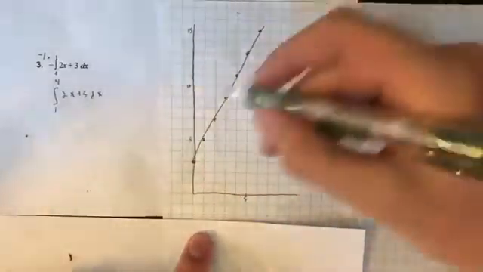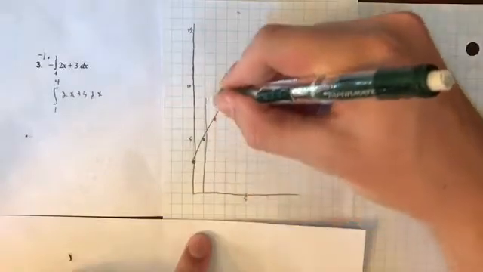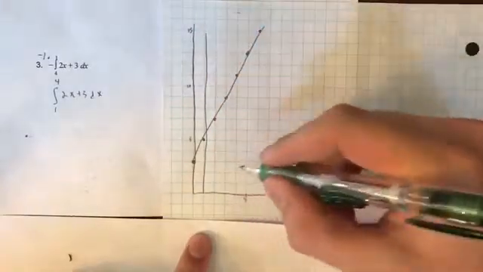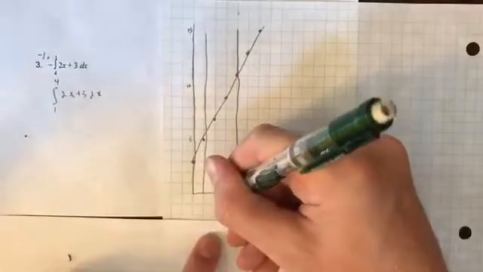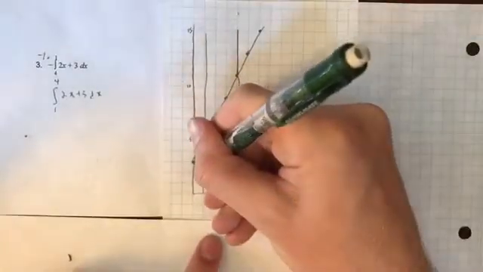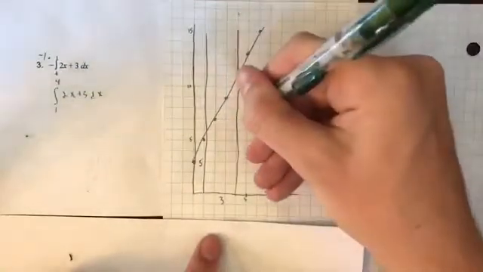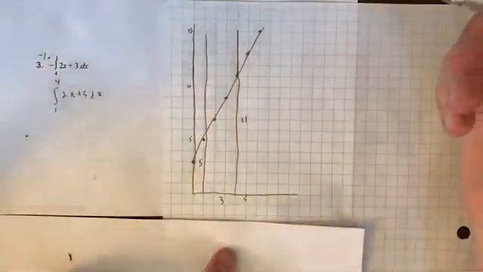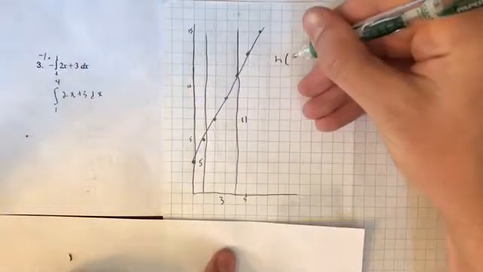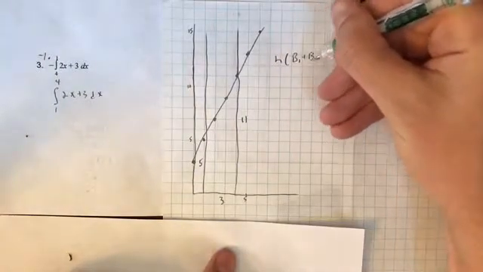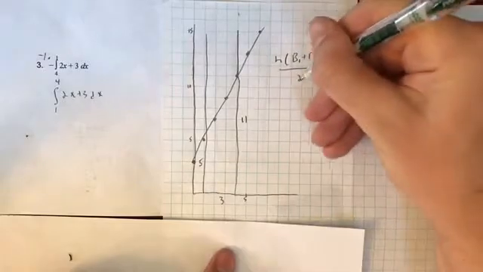So the bounds on this one are x equals 1 and x equals 4. So right here, we have the height of the trapezoid and the two bases, which are 5 and 11. And as you probably know, the area of a trapezoid is height times base 1 plus base 2, all divided by 2.